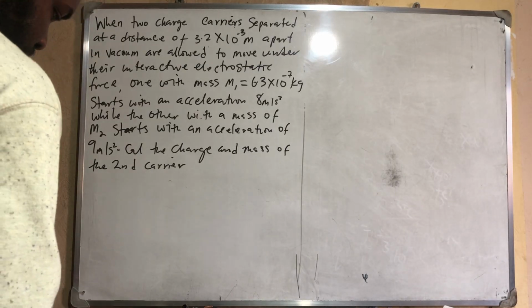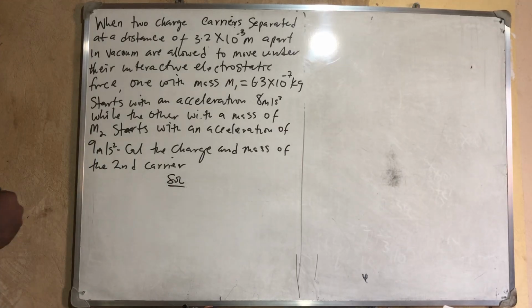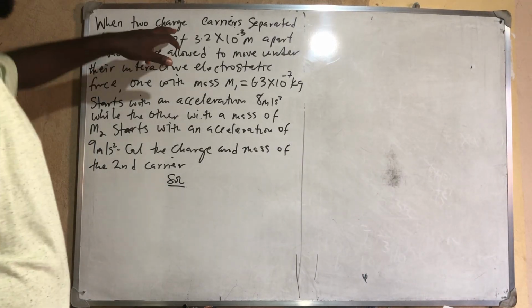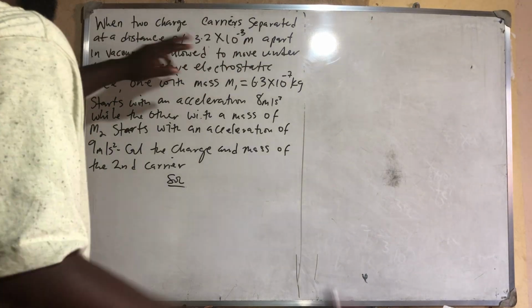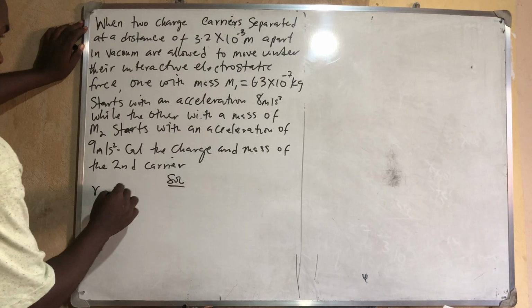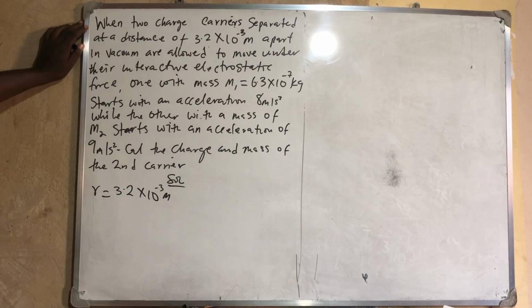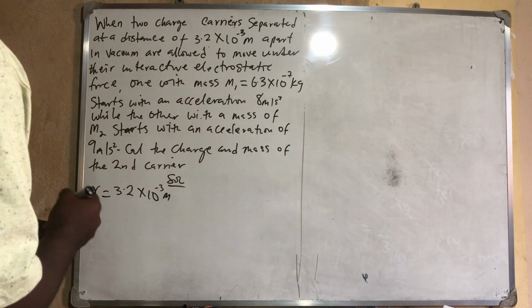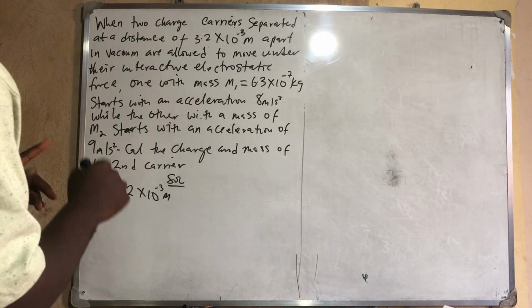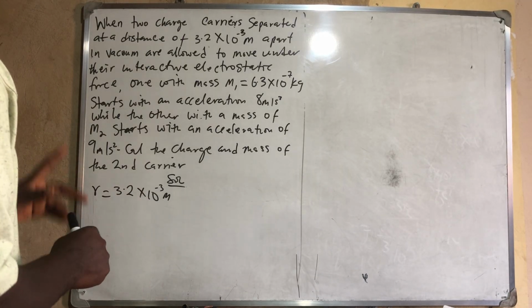So what do we do? Solution. Now, if you look at this question, they said when two charge carriers are separated by a distance, let's say that r is their distance, which is 3.2 times 10 raised to power minus 3 meter. This is their distance apart, in vacuum, and they are allowed to move under their interactive electrostatic force. Now, I hope you know that they are moving with one force.